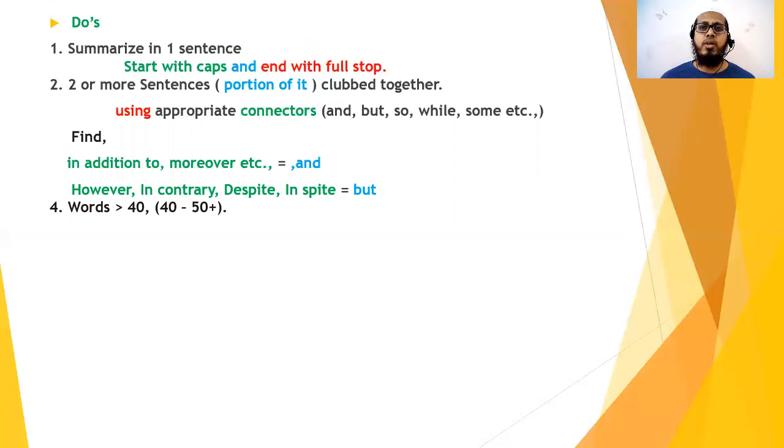Words somewhere around 40 to 50 plus would be fine. If you're able to frame a sentence with 40 or more words, that is good. Again, 40 to 50 plus is a decent sentence. Next, a very important thing: you have to finish framing a perfect sentence by the end of the 6th or 7th minute.